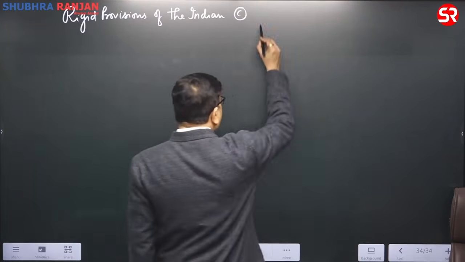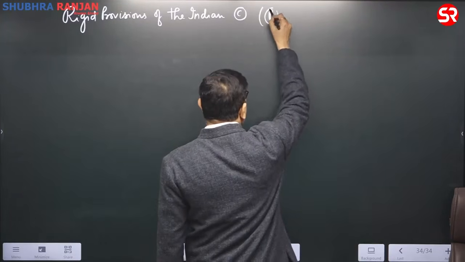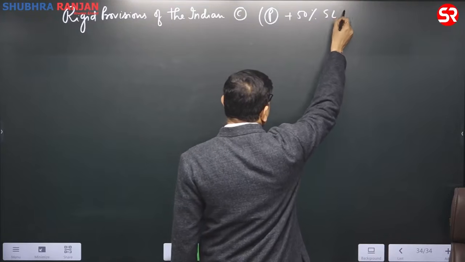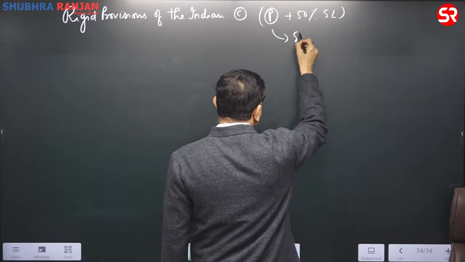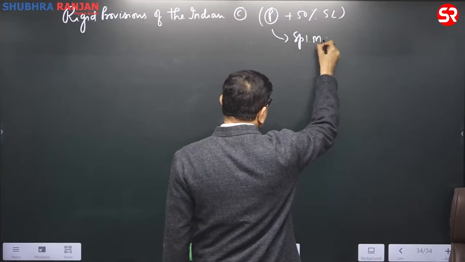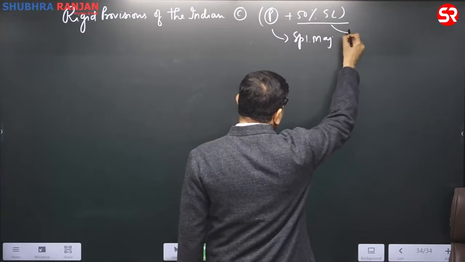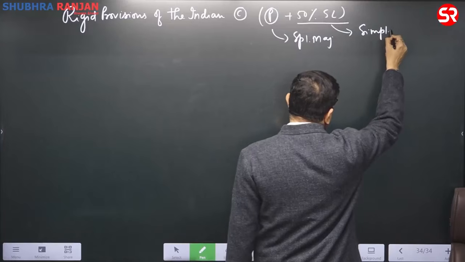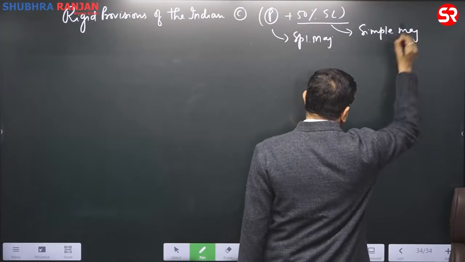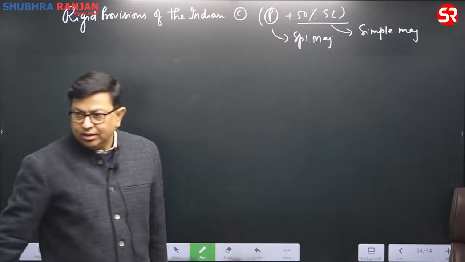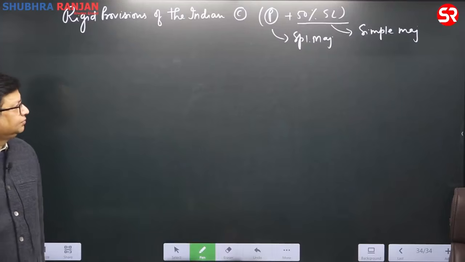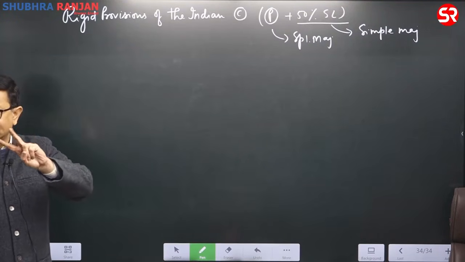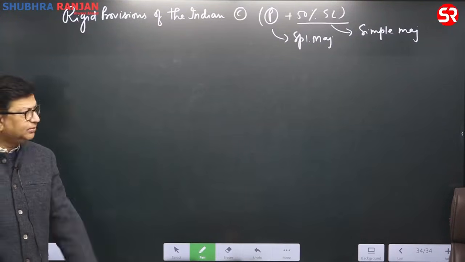So after the parliament passes the bill, it has to be ratified by 50% of the state legislature. Parliament by a special majority and state legislatures by a simple majority. Special majority, the two conditions that we had discussed have to be fulfilled.